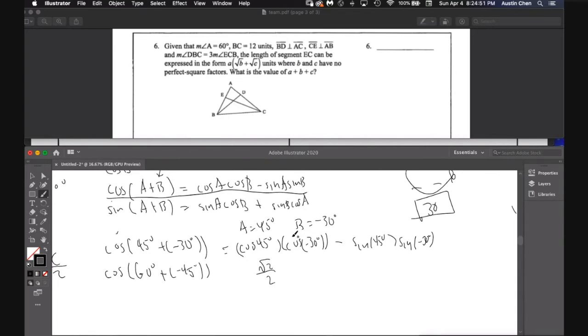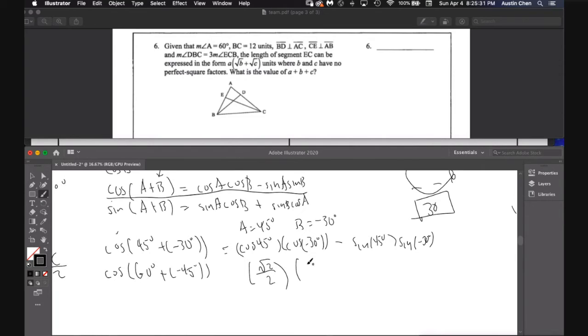Like in MATHCOUNTS Sprint or Countdown, there might be a lot of cosine and sine of these nice angles, and you're supposed to know them already, without using a calculator or any calculation really. So if you don't already know these off the top of your head, you should get used to them, but it'll also come naturally as you work in math. But yeah, okay, so cosine of 45 degrees is root 2 over 2.